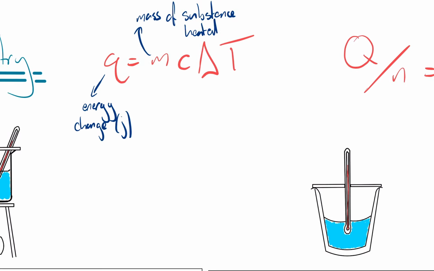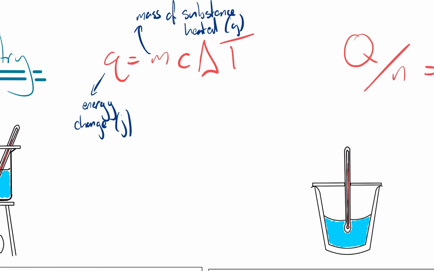C is specific heat capacity. Which we measure in joules per gram per Kelvin, sorry.